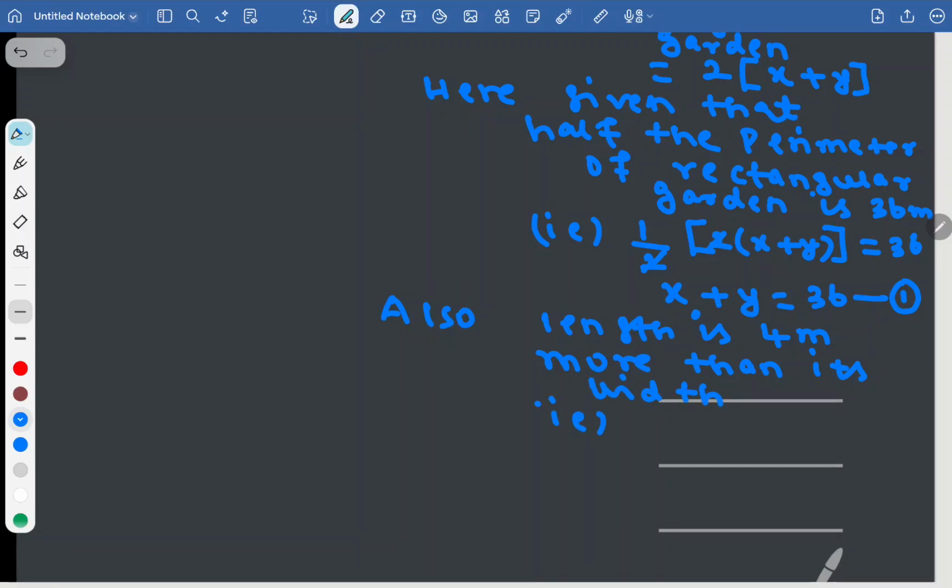That is, length is x, it is more than its width, means y plus 4. So x equal to y plus 4. This is equation 2. From these two equations, solve the problem with the help of the graphical method. Find the dimension of the garden.